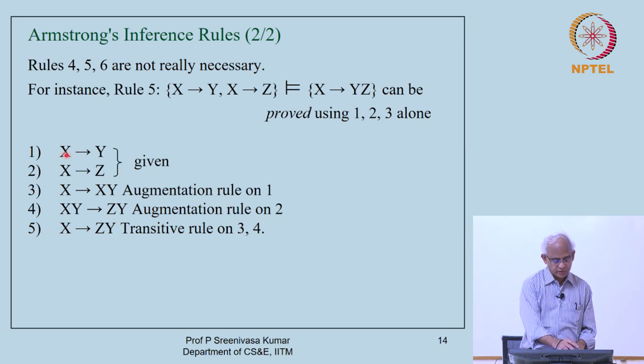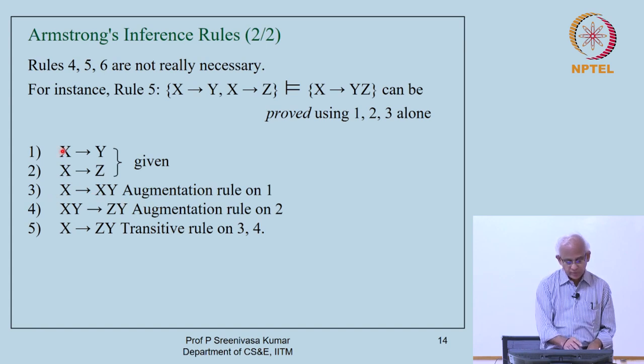So, now given x determines y, x determines z, we can use the augmentation rule on this one, and simply augment it with x on both sides. So, x union x is x itself and x union y is xy. So, we will get a new thing, x determines xy.